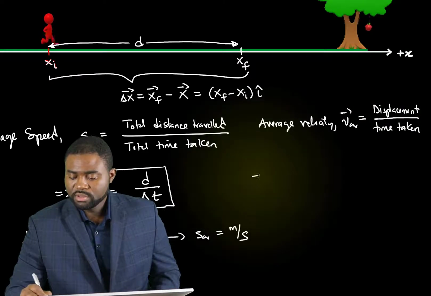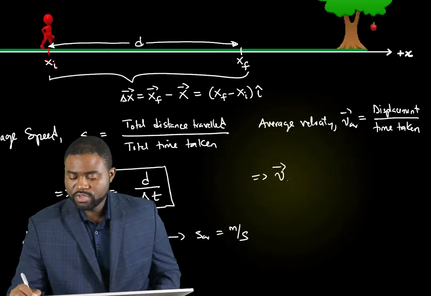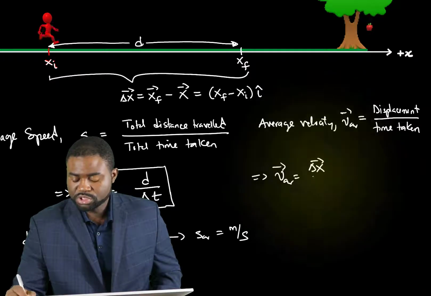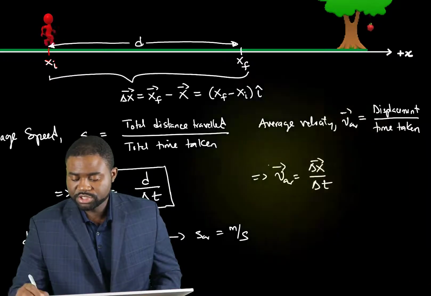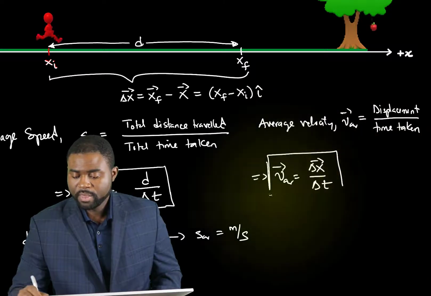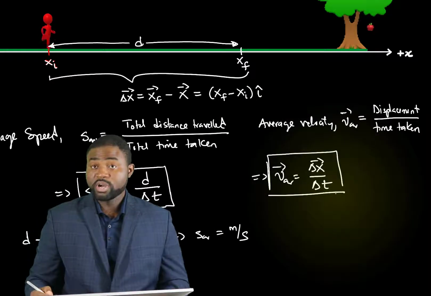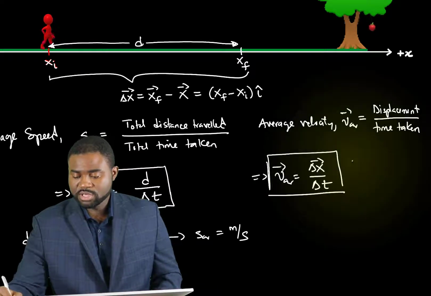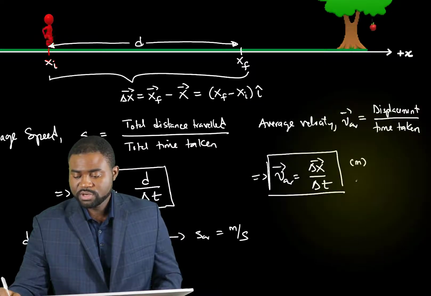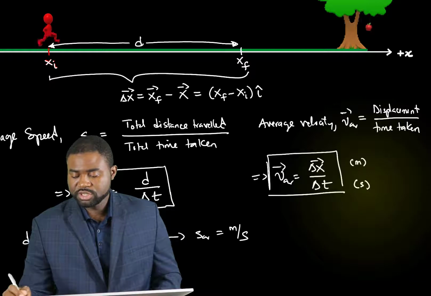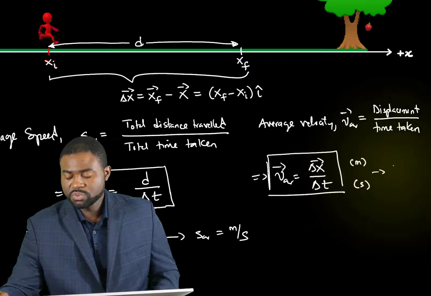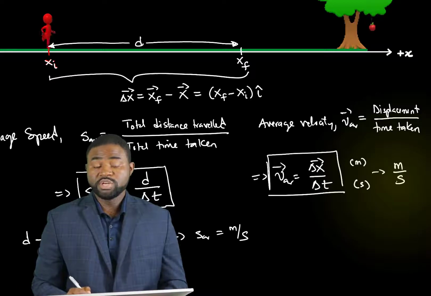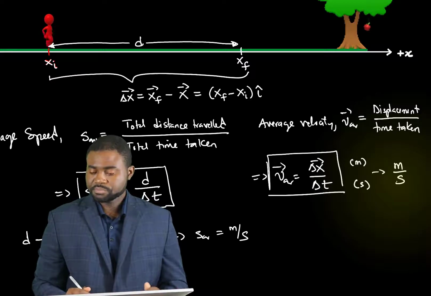This means that v average is the change in position divided by the change in time. It is worthwhile to remember that the displacement of an object is measured in meters, and the time interval is measured in seconds. This means that the unit for average velocity is meters per second.